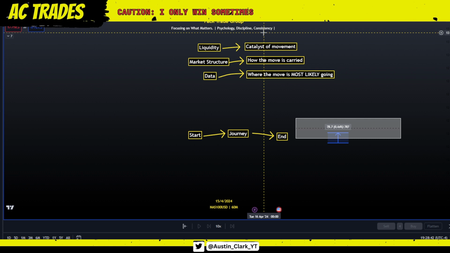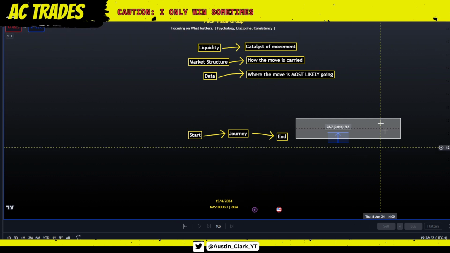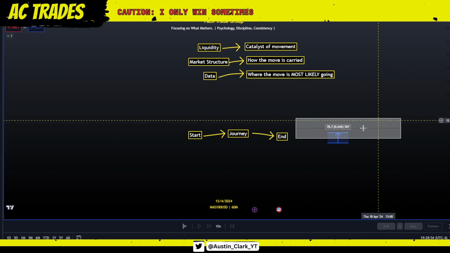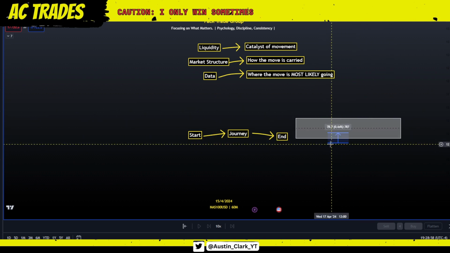They're going to hop around from strategy to strategy to strategy 50 million times and still wonder why trading is so hard. Because what matters is the psychology, discipline, consistency. Letting go of the fact that there's millions of ways on these charts to do this.